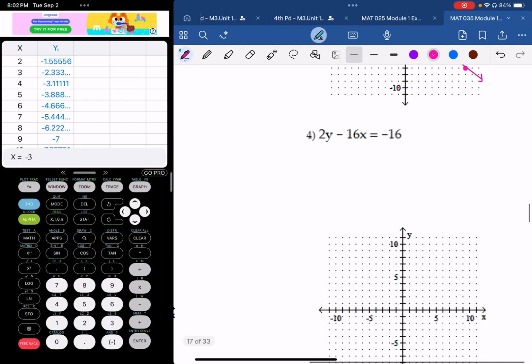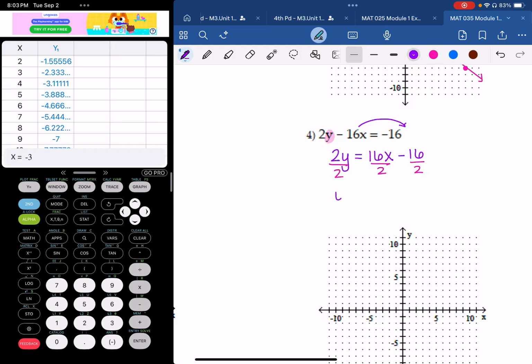Example 4, same idea. We need to solve for y first. So we've got to isolate that. So we're going to start by moving this to this side. So that would leave us with 2y equals 16x minus 16 because it's going to become positive. Then I'm going to divide everything by 2.